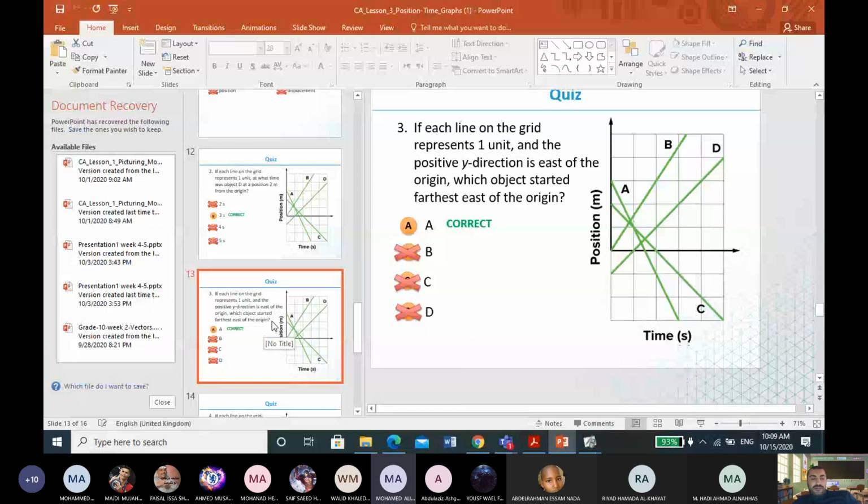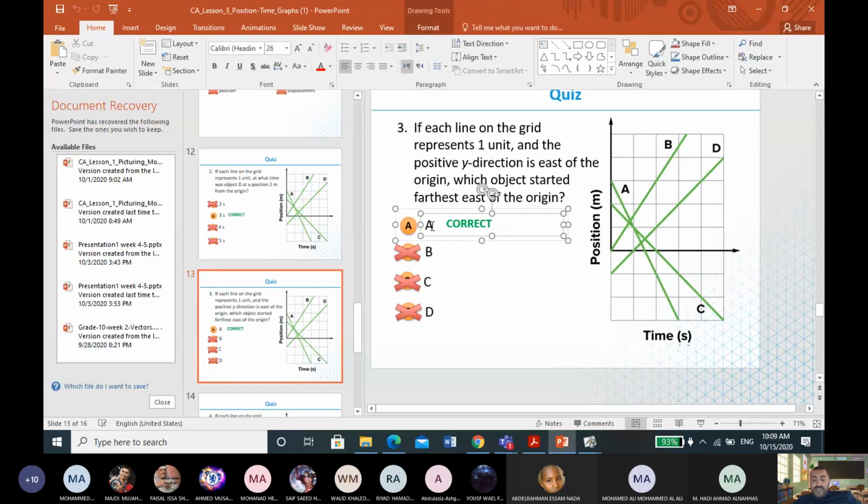It's so easy. Mister, I have a question. They gave us this question, and A was 3 above the origin, and B was 3 under the origin. Which one do we choose? Excellent question, by the way. They will not ask you that.